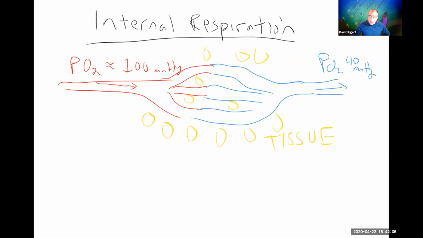So what we're going to talk about is the process of delivering the oxygen to the tissue, how it's carried, and what conditions allow it to release.